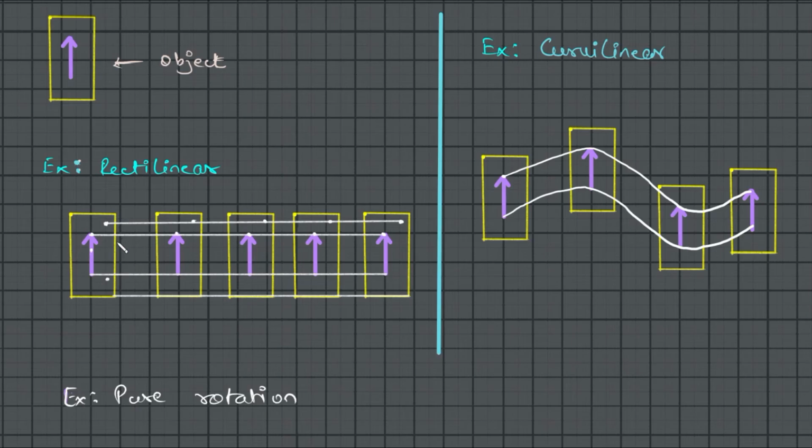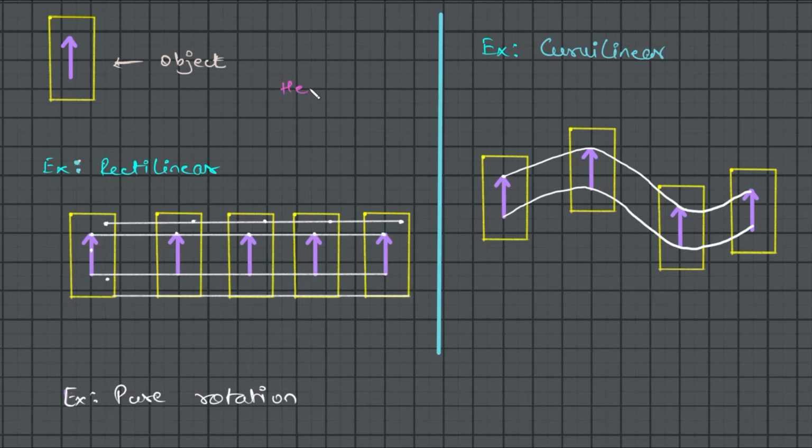Linear means straight. So what is the difference between curvilinear and pure rotation? Here in these two, the objects are always pointing in the same direction. So these are examples of translation motion.